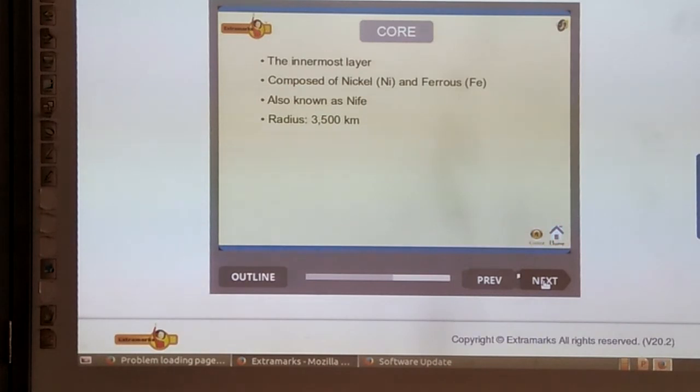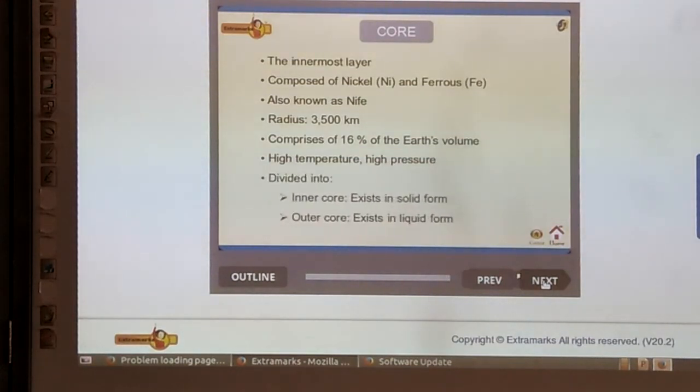Radius is 3,500 kilometers. It comprises 16% of the volume of the Earth. High temperature. High pressure. The core is further subdivided into the inner core, which exists in solid form, and the outer core, which exists in liquid form.